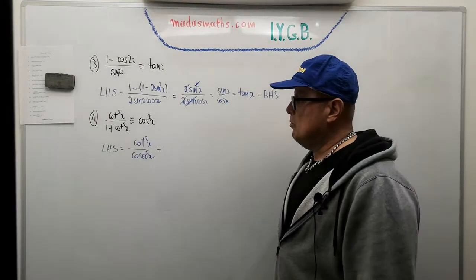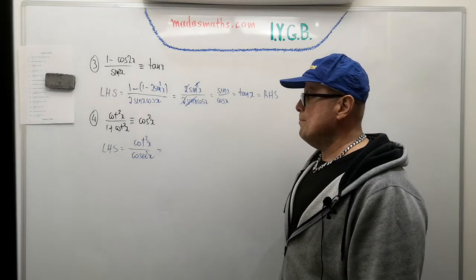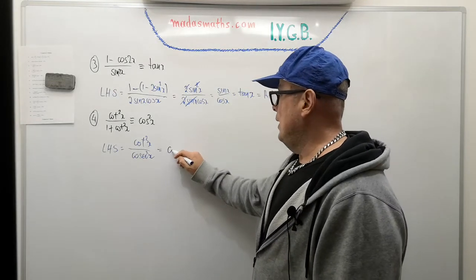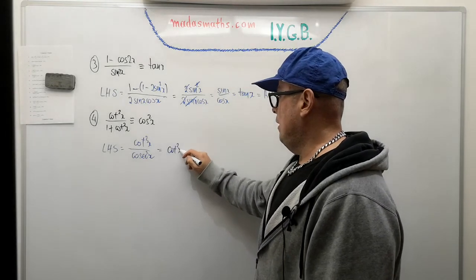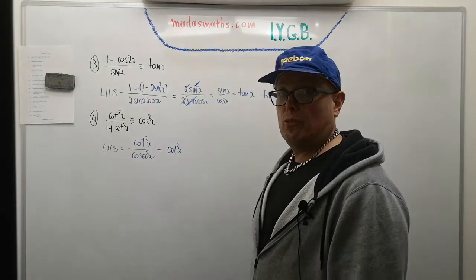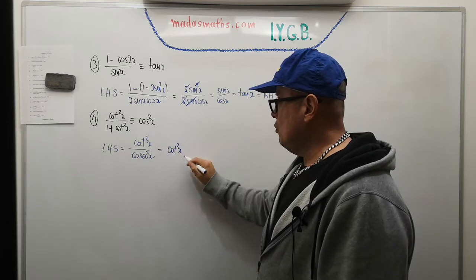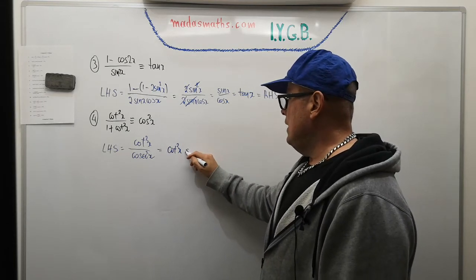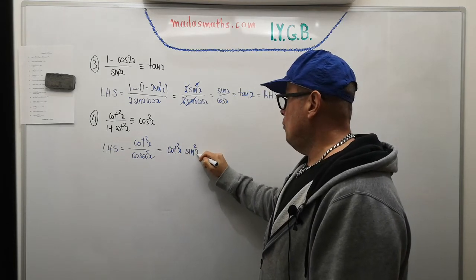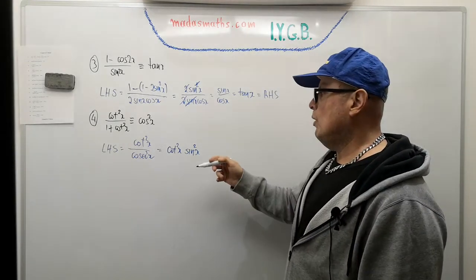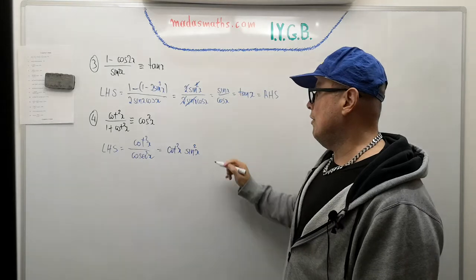Personally, I'm not scared of double fractions, but I think there's probably a better move to avoid that. I'm going to write the cot squared of x as it is, and this cosec squared of x at the bottom, I'm going to shift to the top. But if it shifts to the top, it changes name, and its name of course is sine squared of x. It's the reciprocal, because sine is 1 over cosec and cosec is 1 over sine.